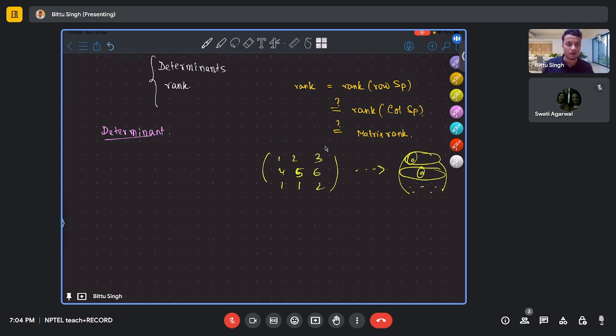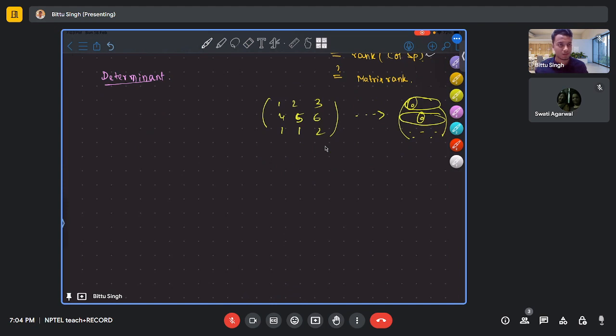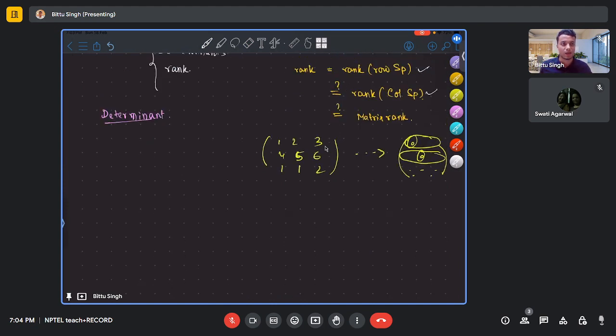You can use this fact to prove that row rank and column rank are the same. This is the idea. I have not given the whole proof, but that is the idea.